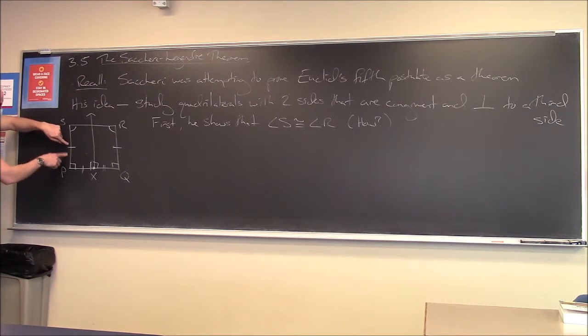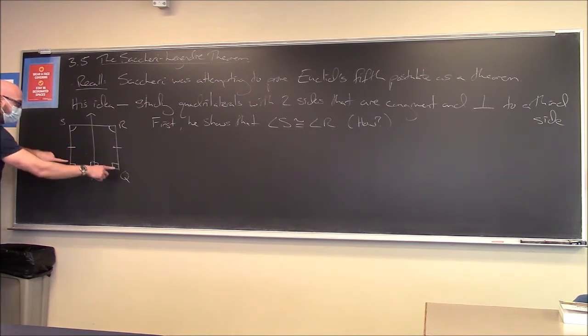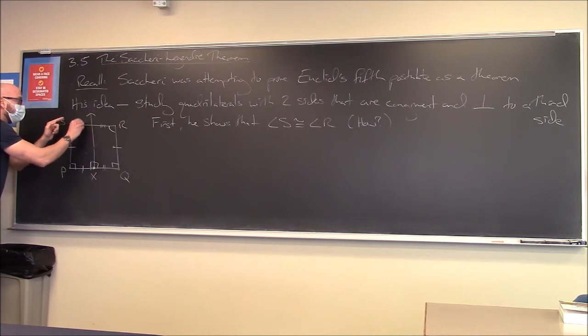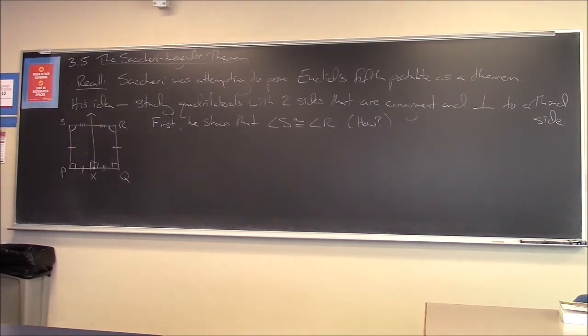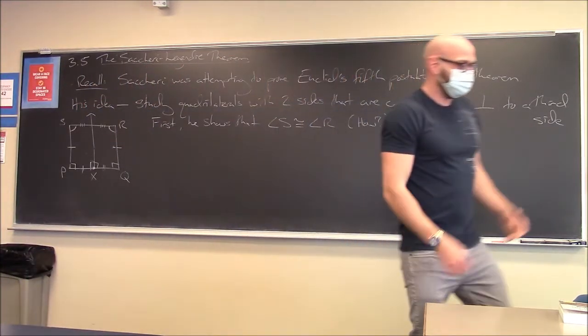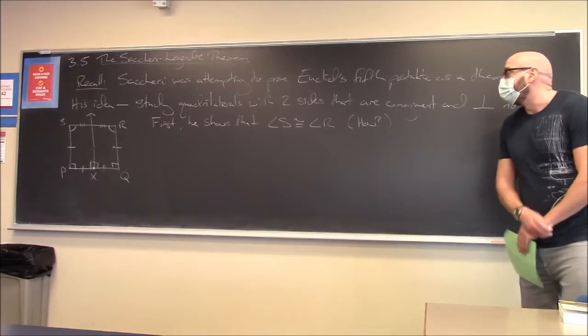Now we have S, A, S. By SAS, these are congruent, therefore these are actually the same length. That is exactly halfway between S and R. And these angles here must be congruent. So not a hard proof at all, but this method of proof requires SAS.